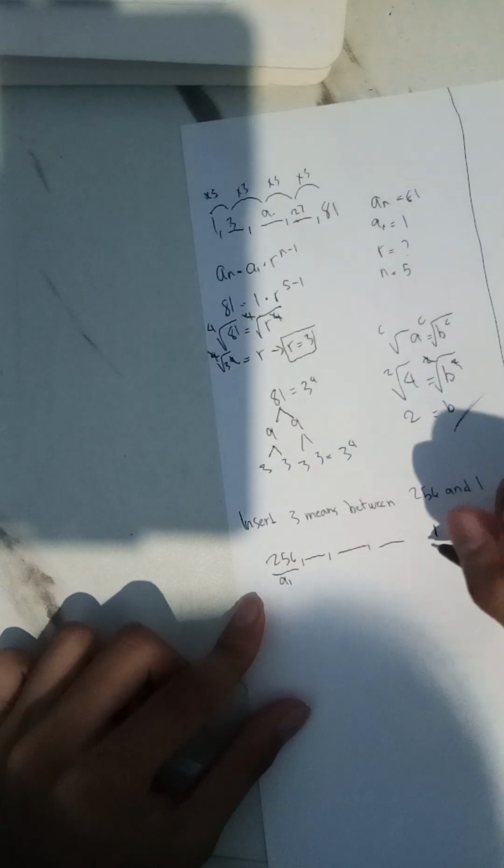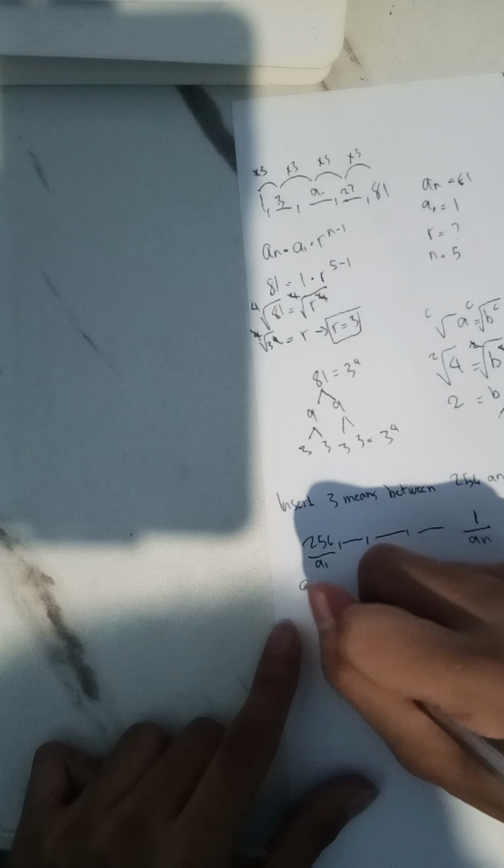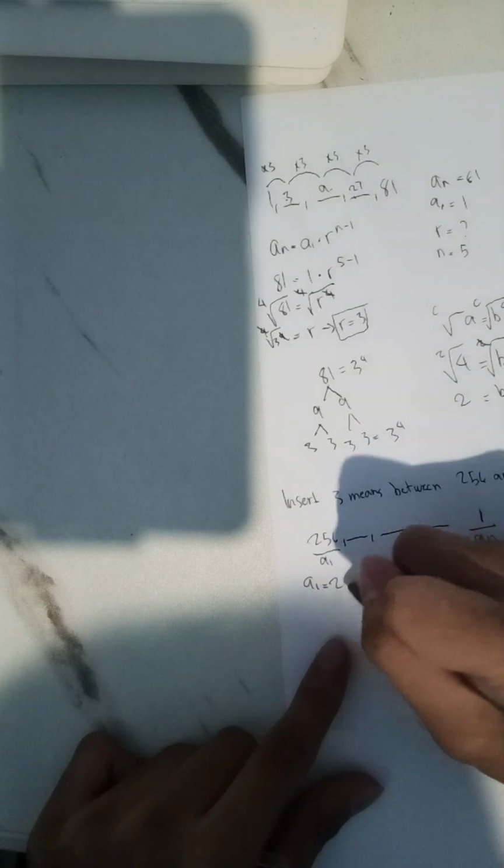So now we have 5 terms. 256 corresponds to the first term and 1 corresponds to the last term. Given this, we can write our values. A1 is equal to 256. An is equal to 1.